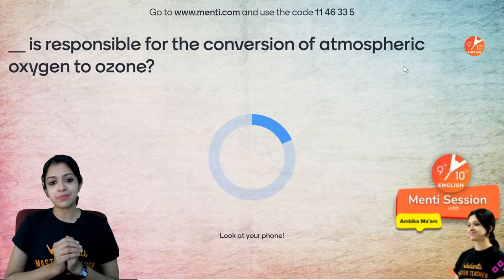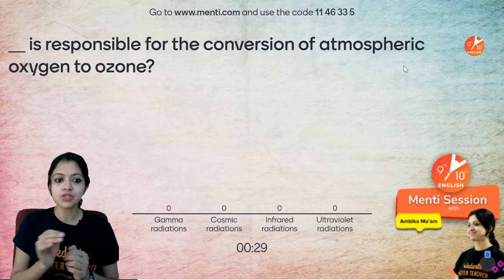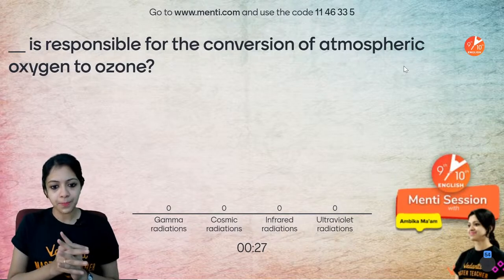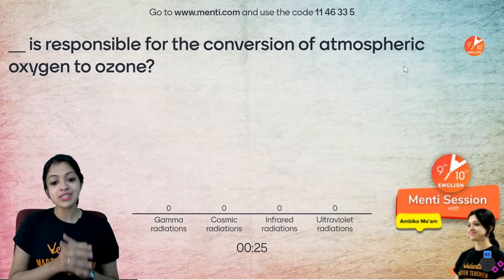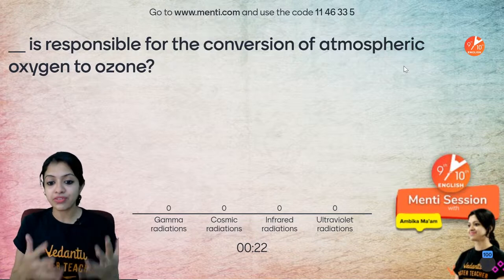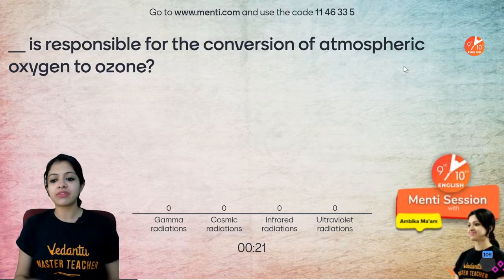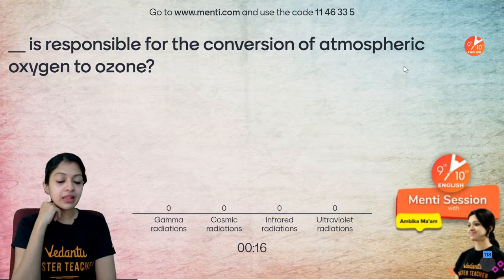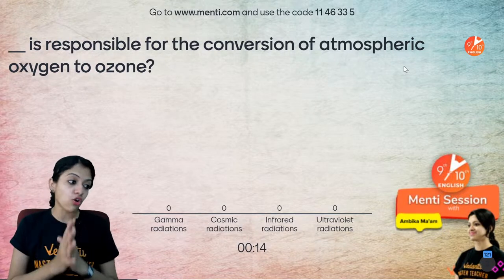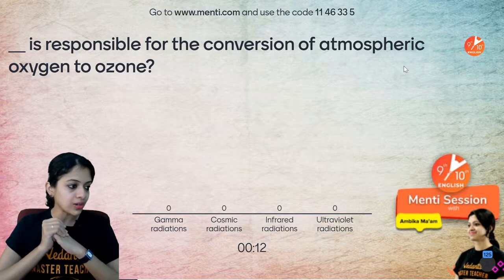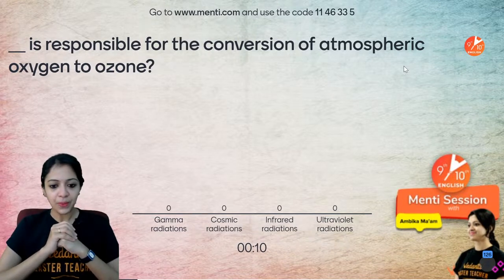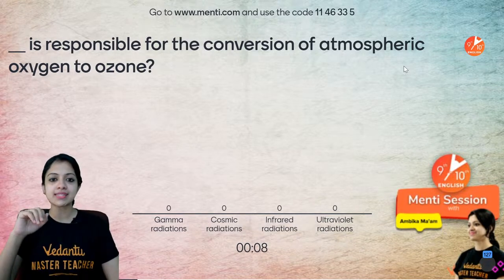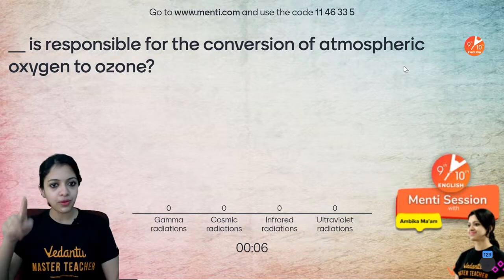Dash is responsible for the conversion of atmospheric oxygen to ozone. Gamma radiations, cosmic radiations, infrared radiations, ultraviolet radiations. What do you think? Those of you giving me the answer in the chat box, I hope you're putting the answer in Mentee.